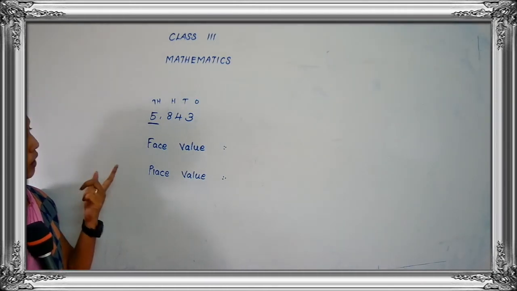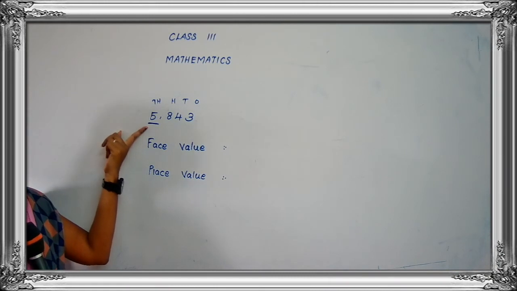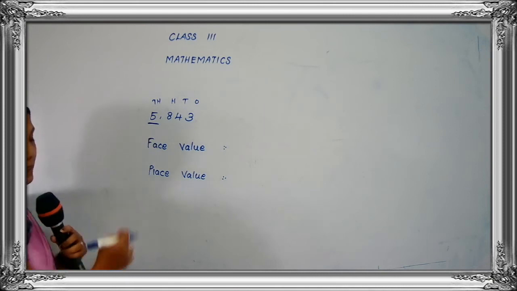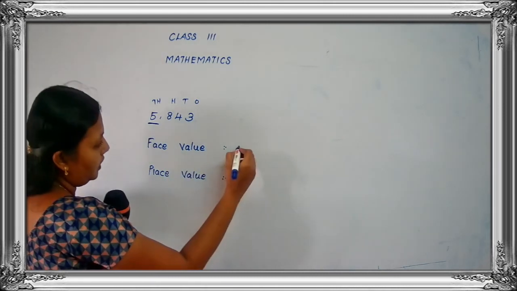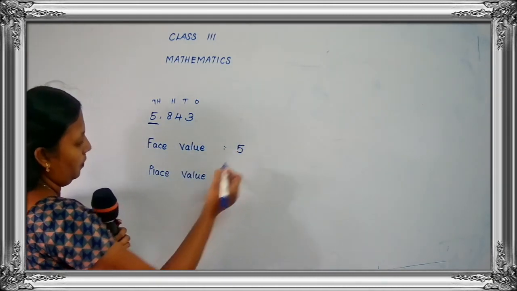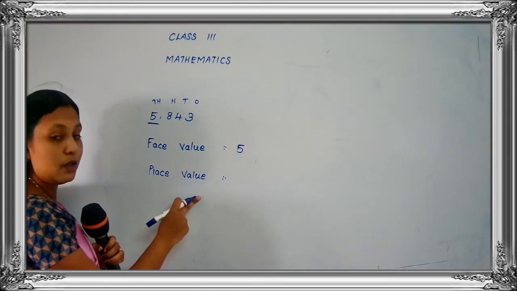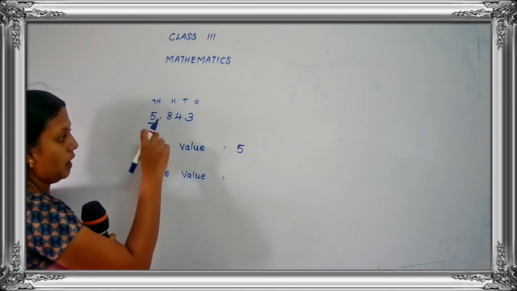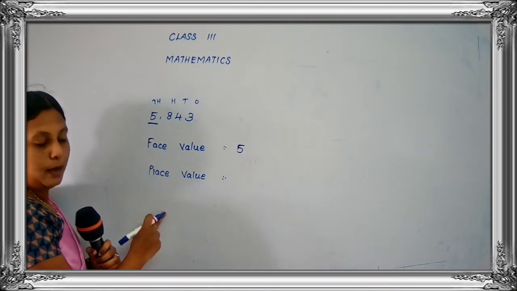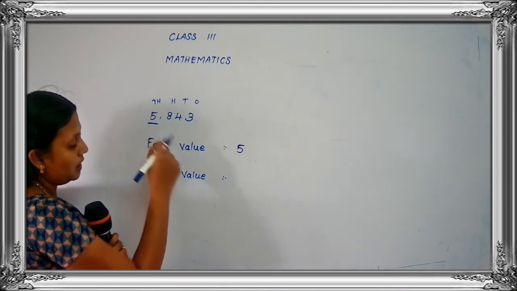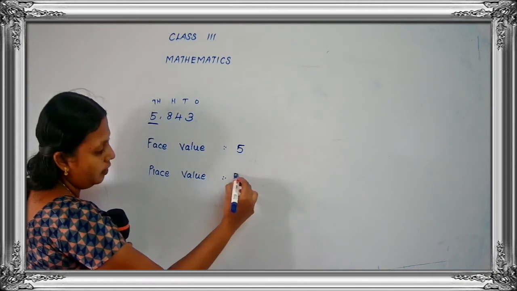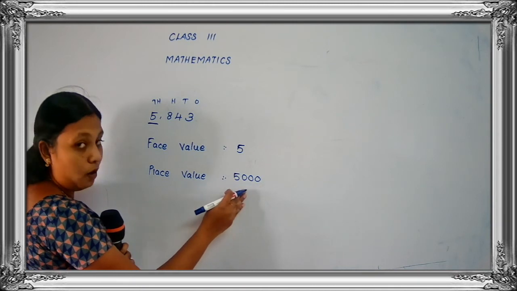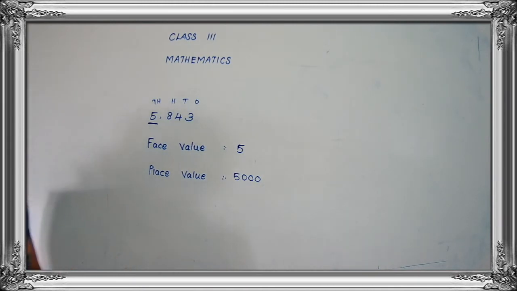The face value of digit 5 is 5. Then place value. 5 is in which place? Thousands place. So we want to write how many thousands here? 5000. Okay, children.